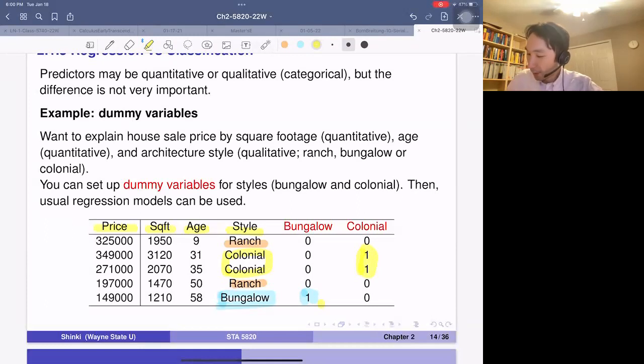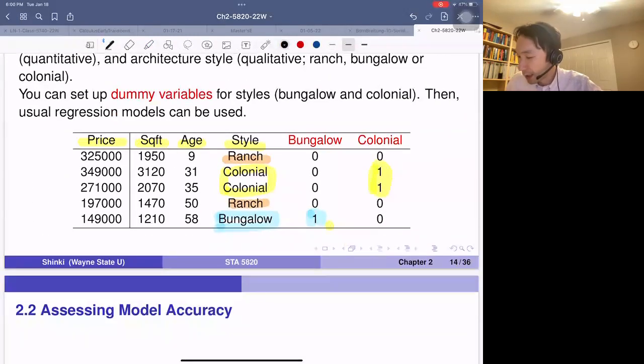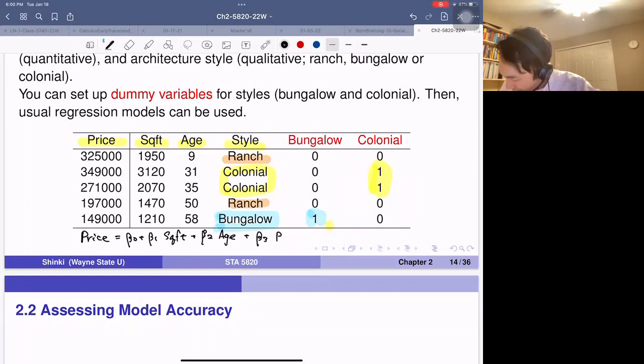So basically, the coefficient for bungalow explains the difference between ranch and bungalow. Okay, so the model looks like price is equal to beta naught plus beta 1 times square footage plus beta 2 times age plus beta 3 times bungalow plus beta 4 times colonial plus some error.